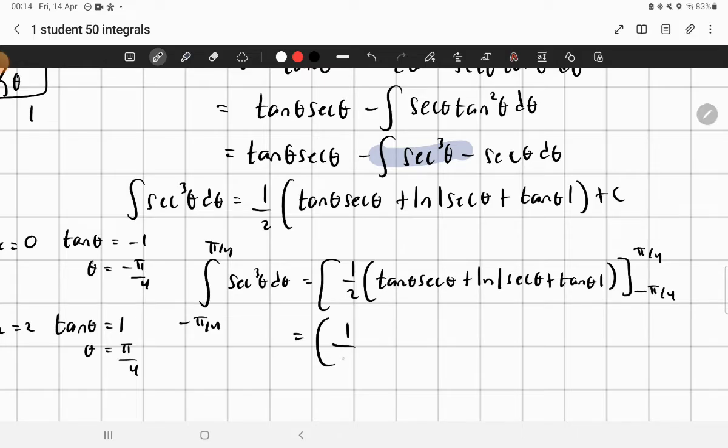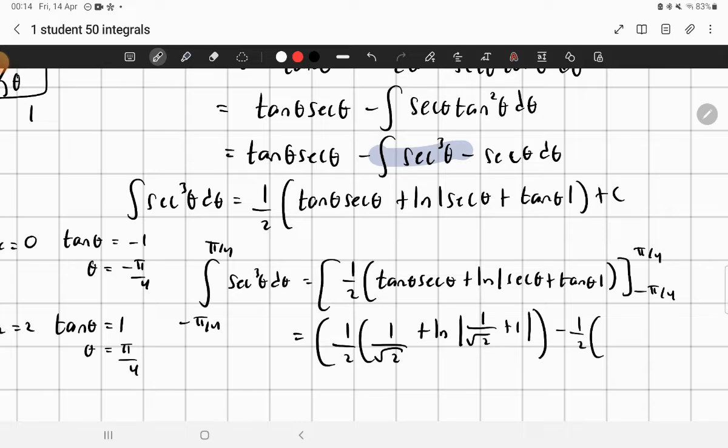So 1/2, then pi/4. Essentially, we will have tangent theta will be 1. The secant theta will be 1 over square root of 2, and then plus ln. Oh, sorry, 1 over square root of 2 plus 1, and then minus with -pi/4.